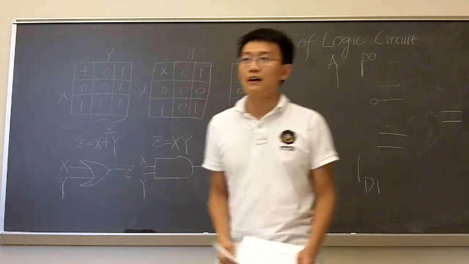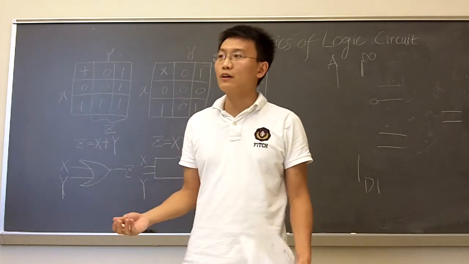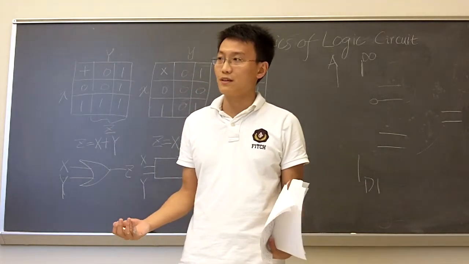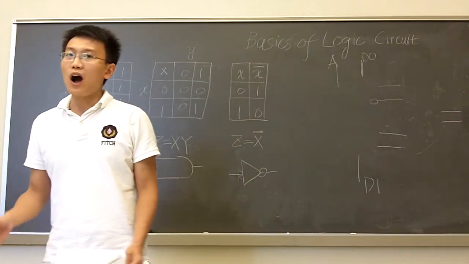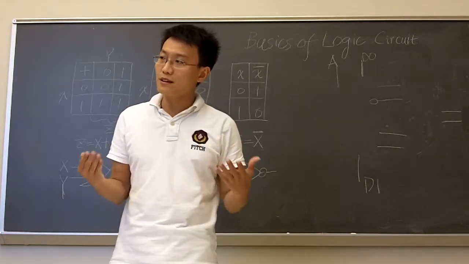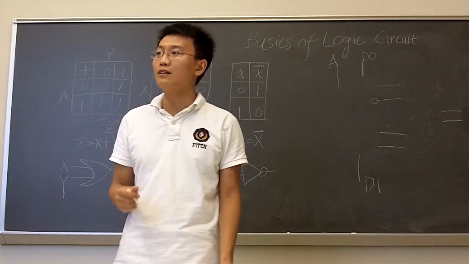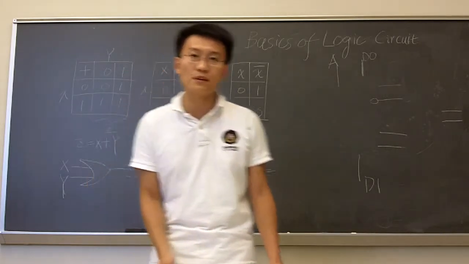First, I would like to ask you a question. What are the numbers our computers are dealing with? 0, 1. Yes, very nice. So all the information that our computers process and store are zeros and ones, and we call them bits.